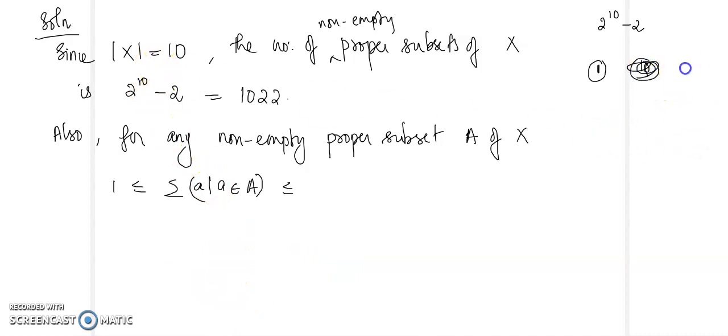When we take proper subsets, there will be a minimum of one element or a maximum of 9 elements. So the minimum such sum is 1 and the maximum sum will be 91 plus 92 plus and so on up to 99. So this is the maximum sum possible for a proper subset.